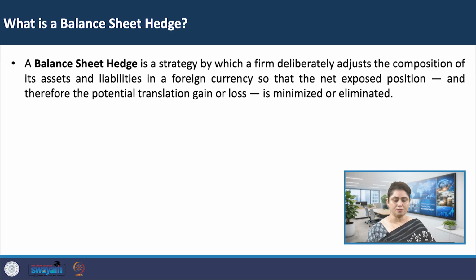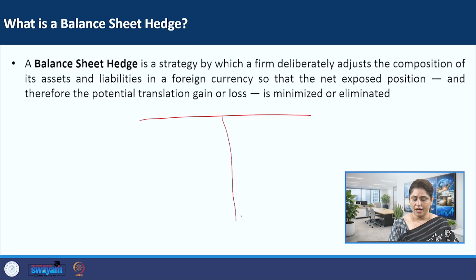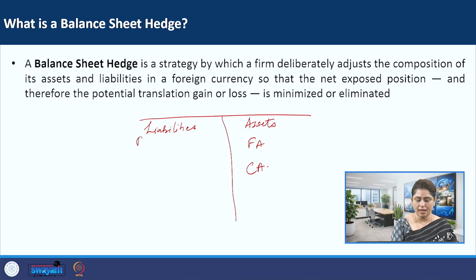That is very simple. We have liabilities here, we have our assets here. We have fixed assets, current assets. Now we have fixed liabilities.